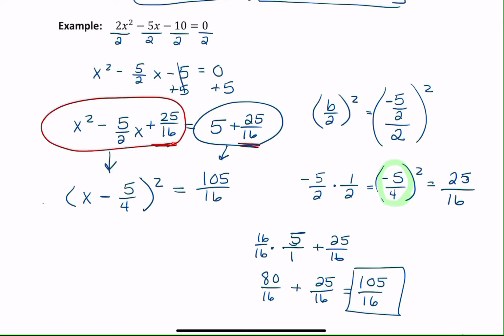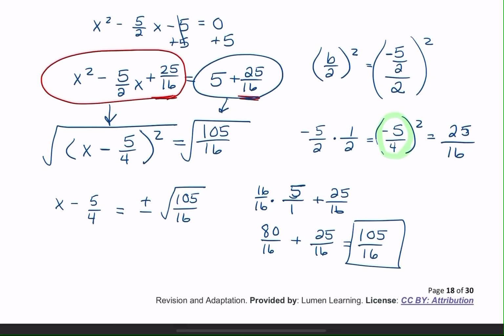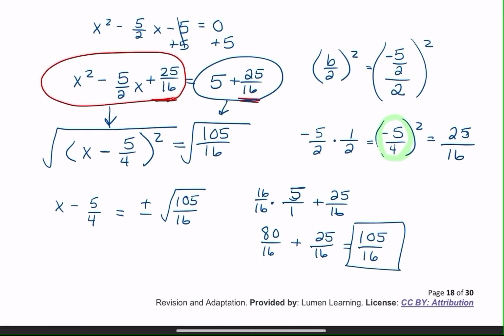So now I'm going to extract the square root. I'm going to square root both sides. So I've got x minus 5 over 4 equals plus or minus the square root of 105 over 16. Now if you notice, 16 is a perfect square, so I can take the square root of that. I'm going to do a few things at the same time.